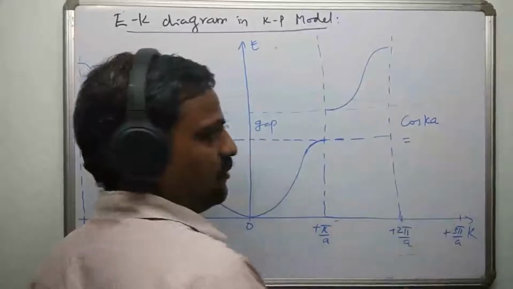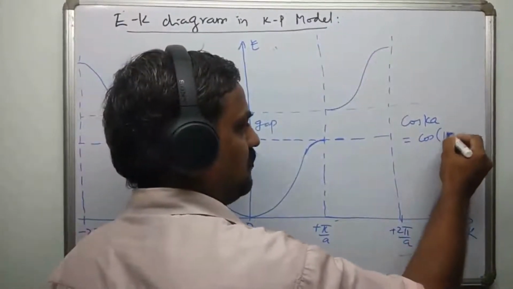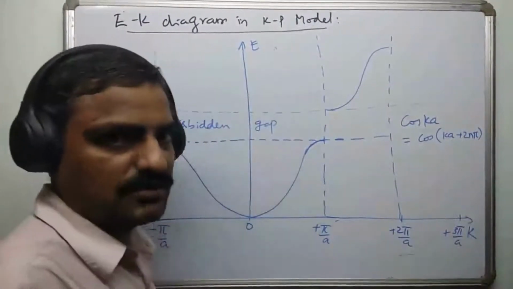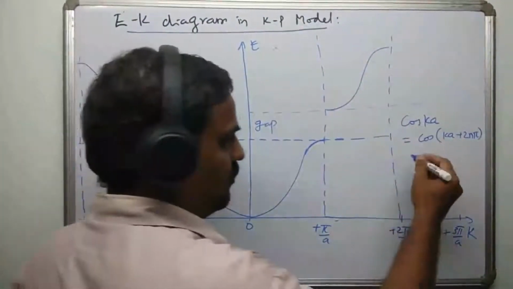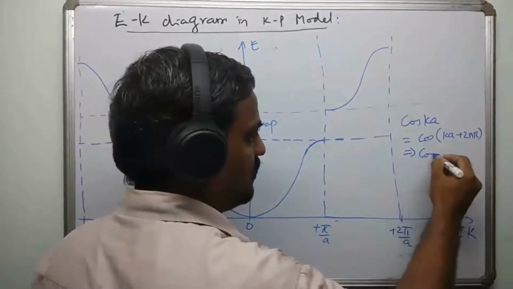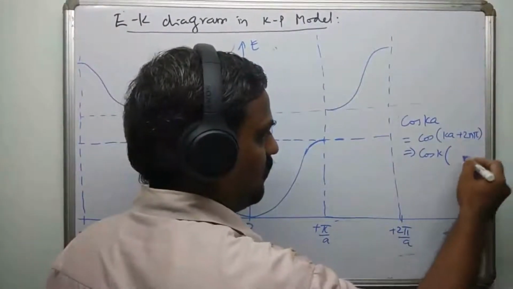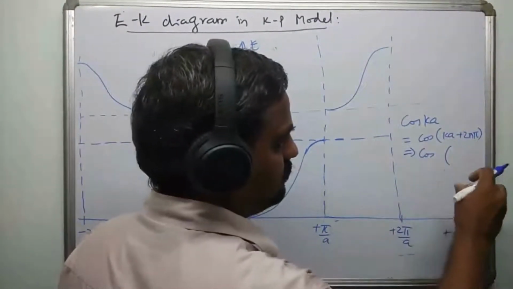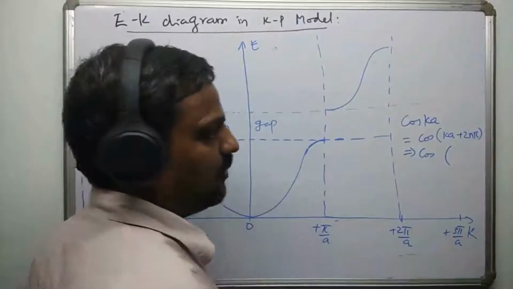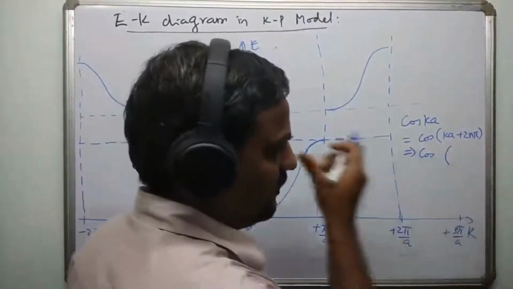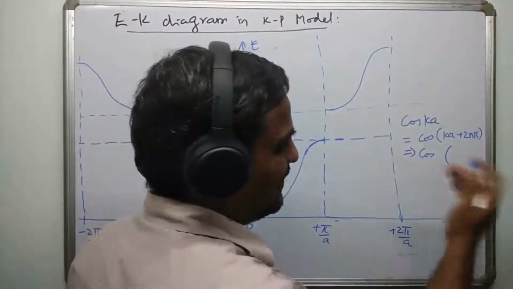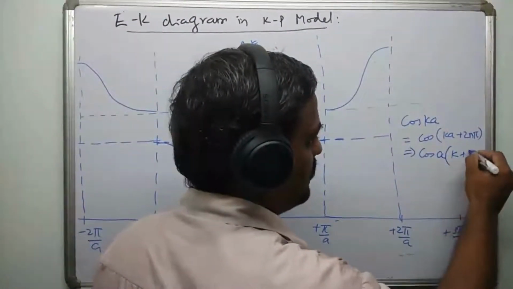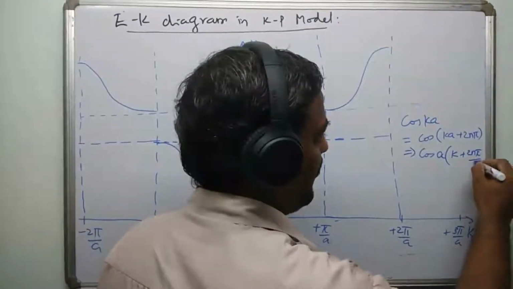This cos Ka can also be written as cos of Ka plus 2n pi, with n taking values 0, 1, 2, 3, etc. So clearly, I'll take the A term outside, so I can write this as A into K plus 2n pi by A.